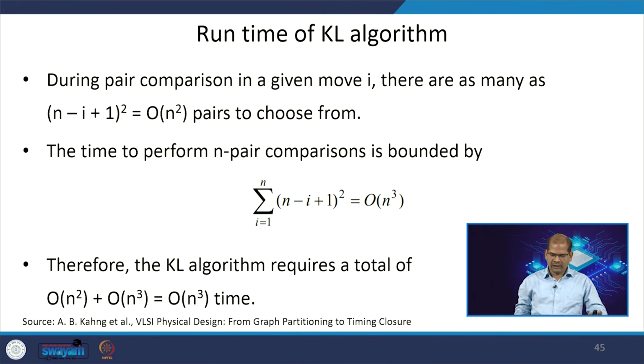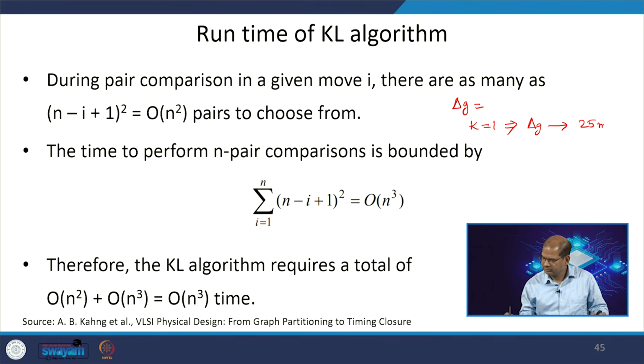Now, we have the gain evaluation, delta g. How many times is delta g evaluated when k equals 1? It is evaluated 25 times, so it is basically n square.